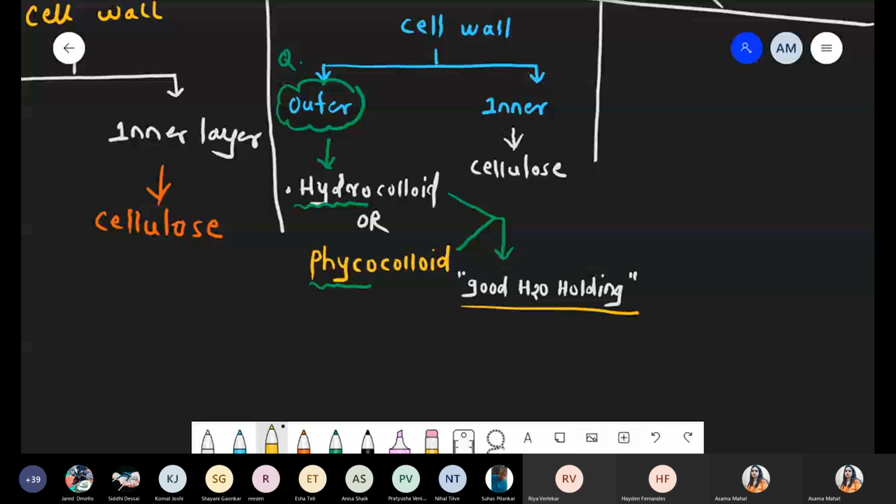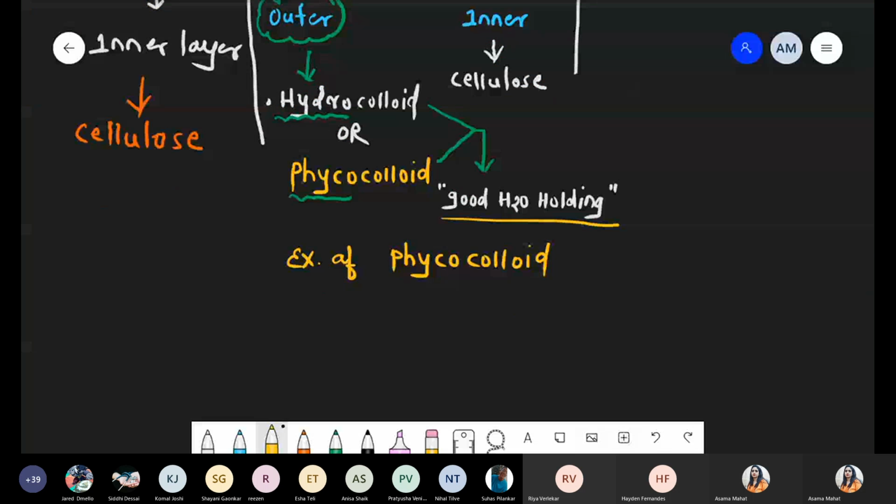Under this point we take examples of phycocolloid or hydrocolloid. Under the phycocolloid point, we are talking about three types in total.